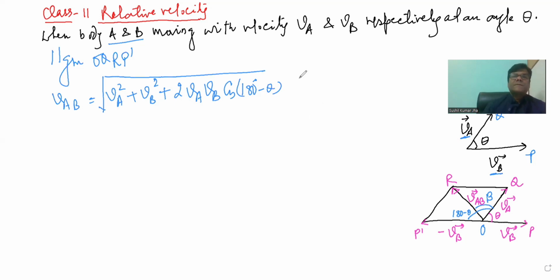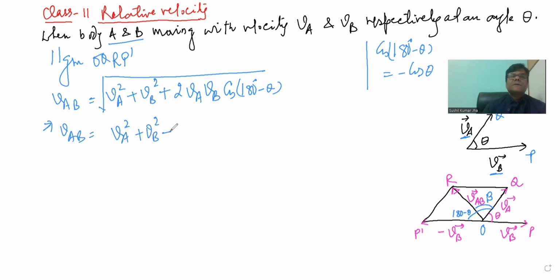Since cos 180 minus theta is minus cos theta, we write this VAB as the square root of VA square plus VB square minus 2 VA VB cos theta. So this becomes the resultant of these two.